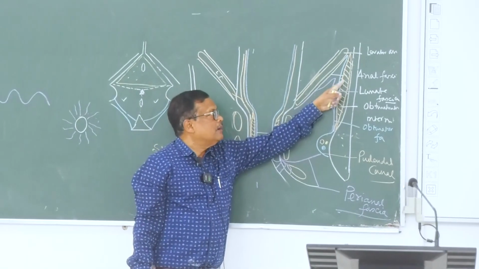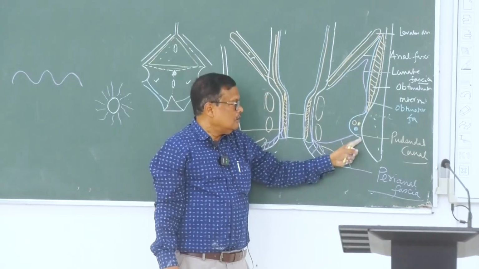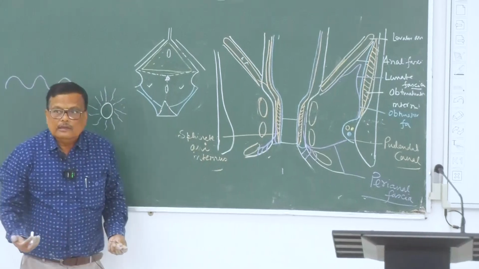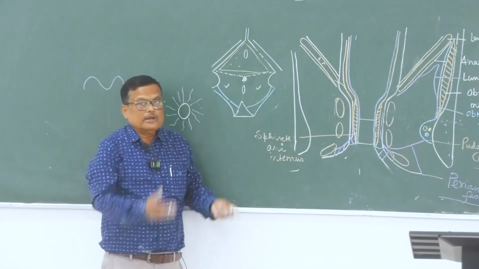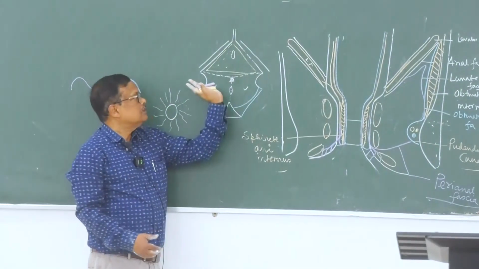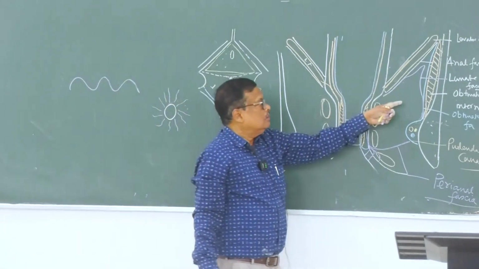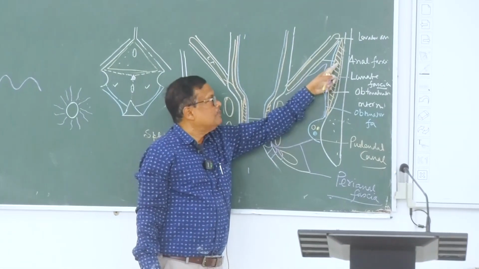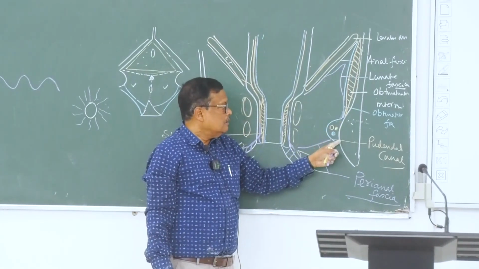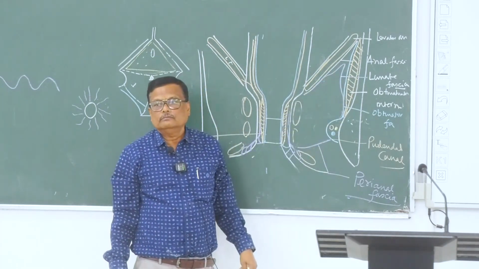Lateral boundary is formed by the obturator internus with its covering fascia and lower part of the ischial tuberosity. এখানে আমি শুধু ischial tuberosity দেখতে পাচ্ছি। তার জন্য আমি বলে দিয়েছিলাম পুরোটা দেখতে গেলে তোমাকে এই coronal section লাগবে। এখানে শুধু ischial tuberosity লেভেলে আমি কেটেছি transversely. So lateral boundary is formed by the obturator internus with its covering fascia and medial surface of the ischial tuberosity. This is the lateral boundary.